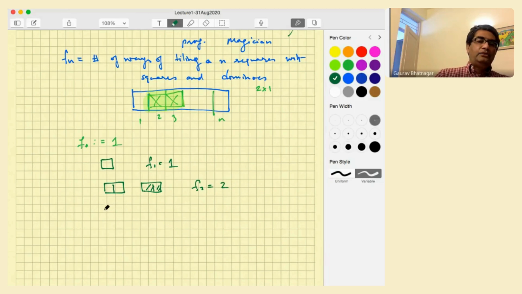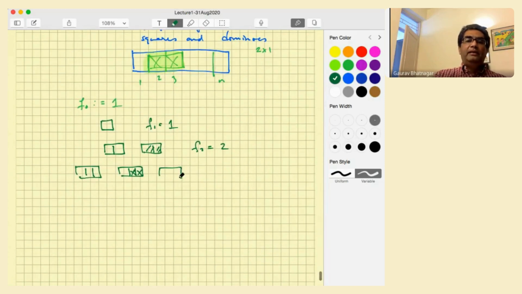And let's do 3 squares. This is one way of doing it, this is one way, and this is one way. So f3 is 3, and by induction it follows that these are Fibonacci numbers, only shifted.